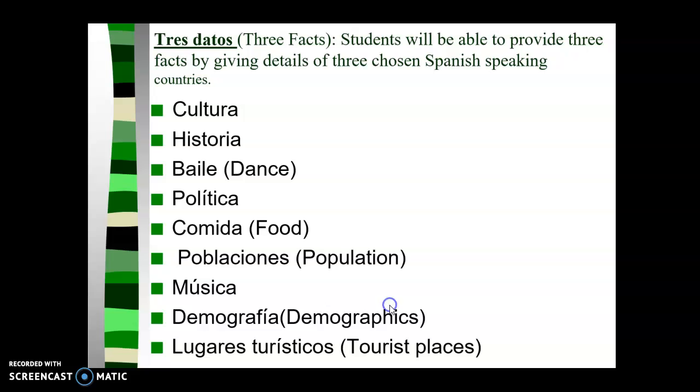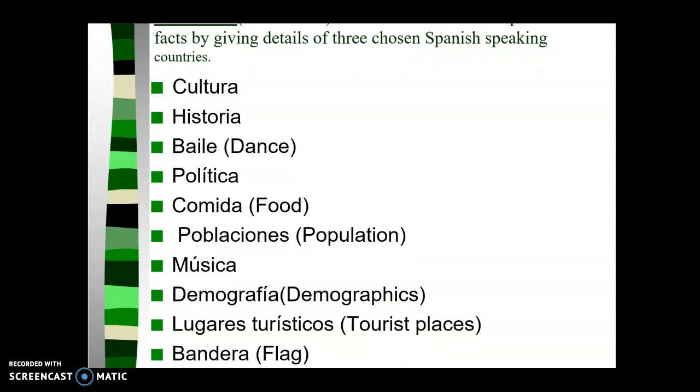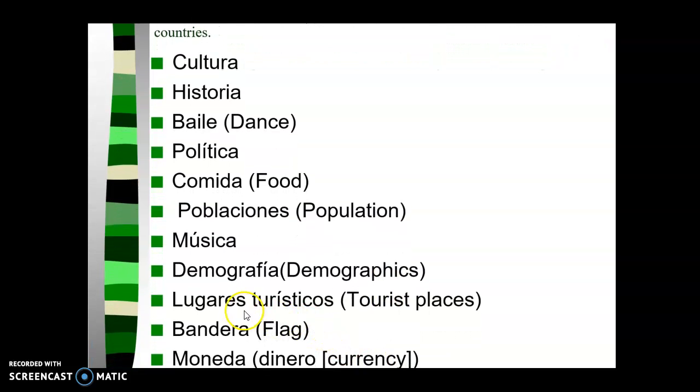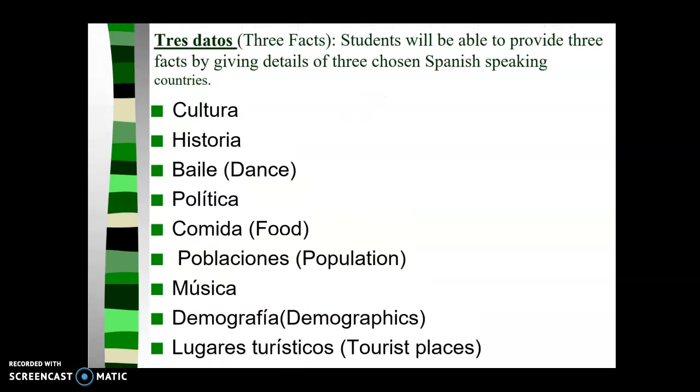One of my favorites is the lugares turísticos, tourist places. La bandera, its flag, and its moneda, dinero, meaning money, currency. So these are some examples of datos, facts that you could choose from. Okay?